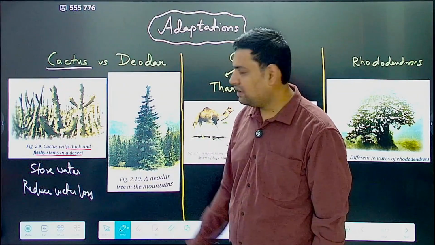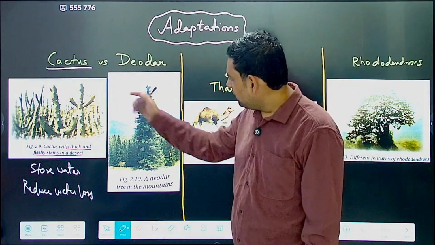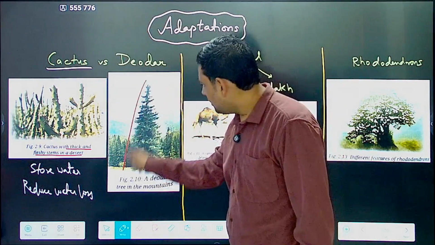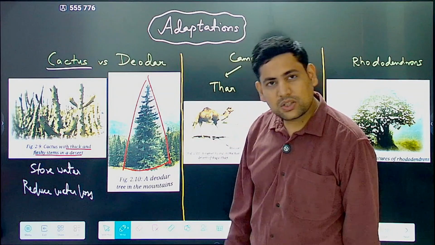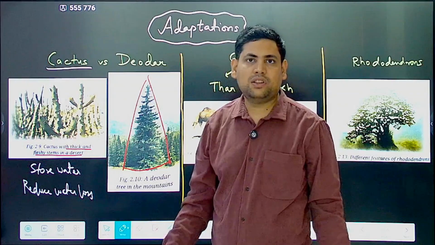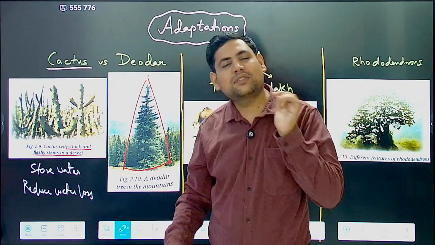Then they talk about deodar. Deodar is a plant that is grown in higher mountains, especially the Himalayas. Now if you see the structure, it is conical in shape like this. Can you see this? This is conical in shape. Why? So that if there is snow or anything, it just falls down and does not get stacked over it. Otherwise, the branches will start breaking.